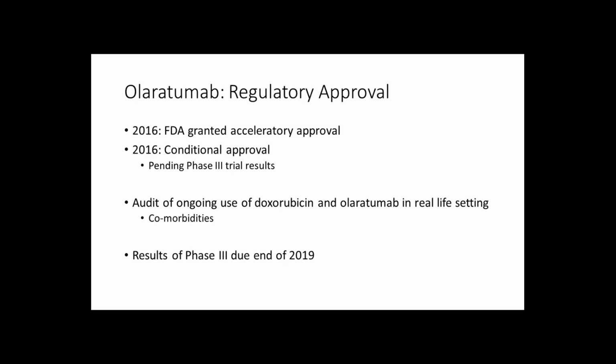What do you think? Is it a benefit if you only give it for 6 cycles together with the doxorubicin? Because all of the trials work with 8 cycles.